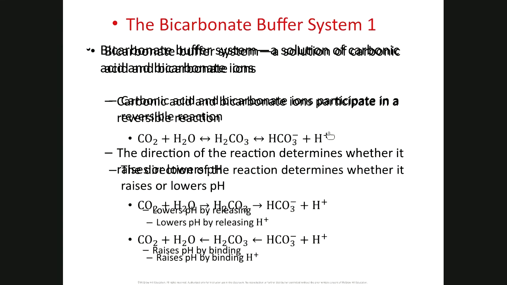Now, this equation may tend to go towards the right, where the product is more H ions, or it can have the tendency to go to the left, where the product is a lot of CO2. This will happen depending on what's being balanced. All right, good.